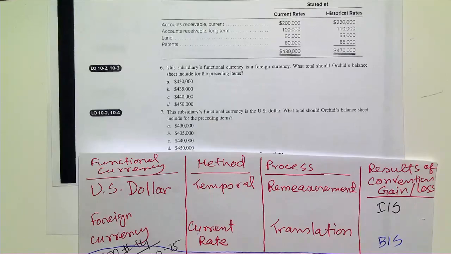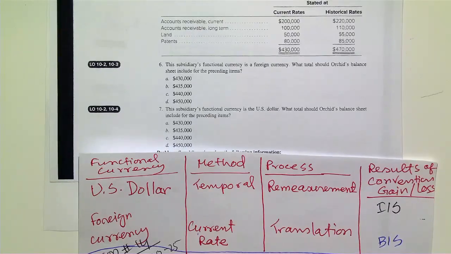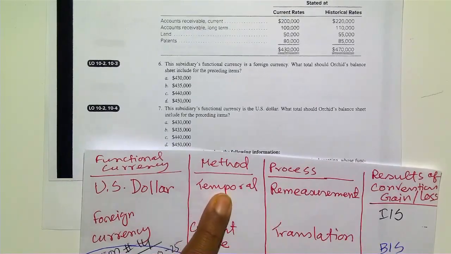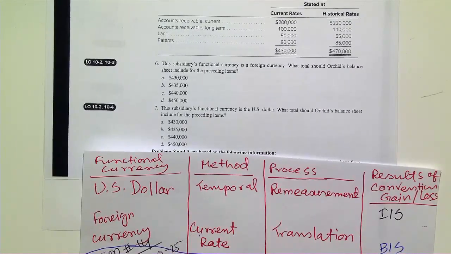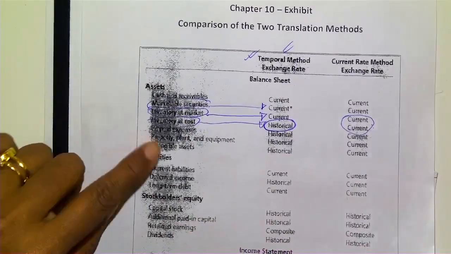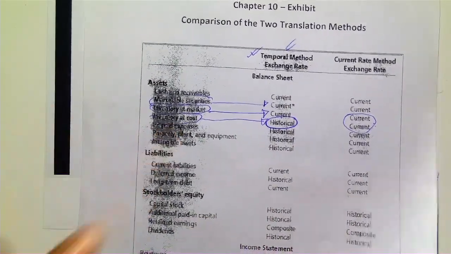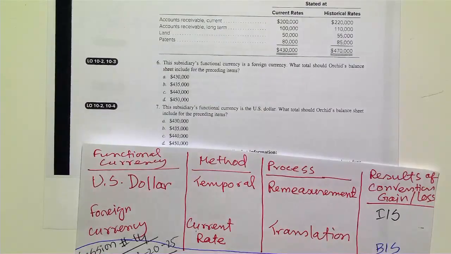Number 7 is the US dollar, so temporal. I know the cheat table did not say land or patents, but you should know what type of asset land means.